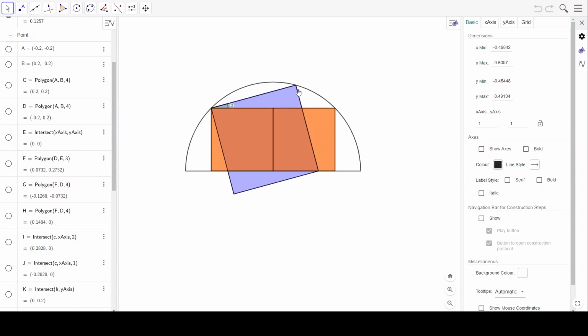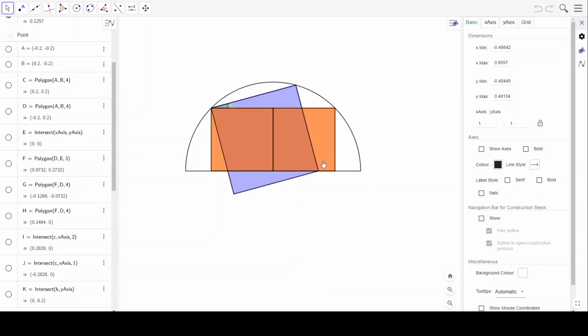There are 2 other vertices, one on the diameter and one also on the semicircle. The question is what is the angle alpha over here, so the angle between these sides.